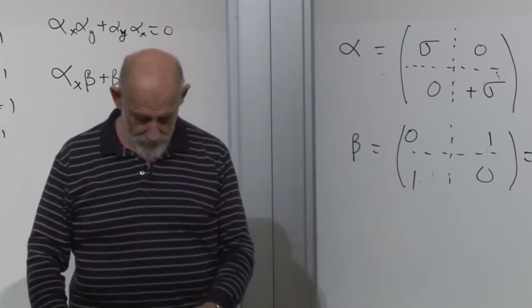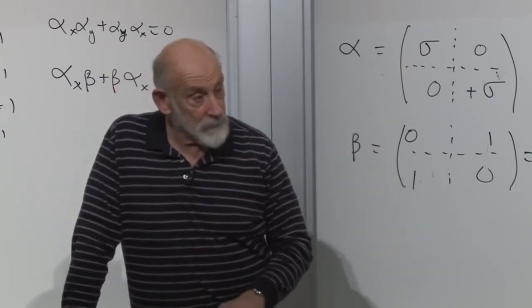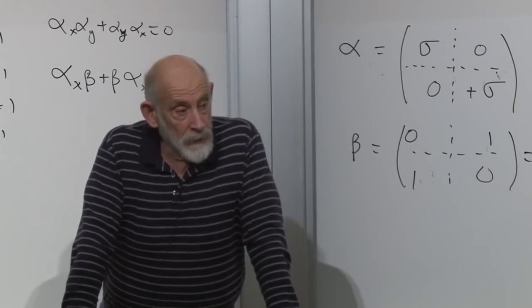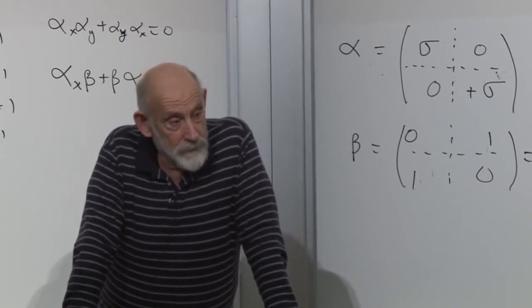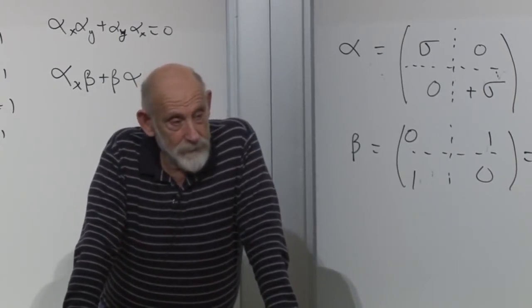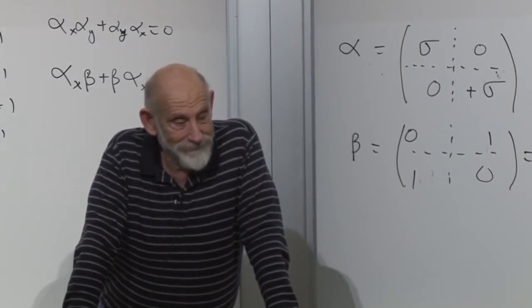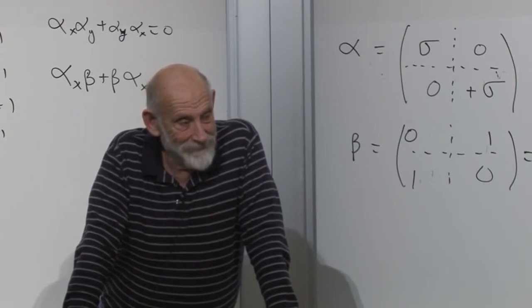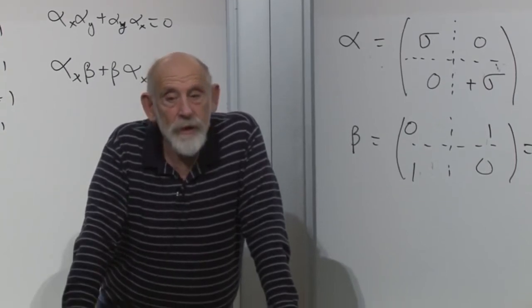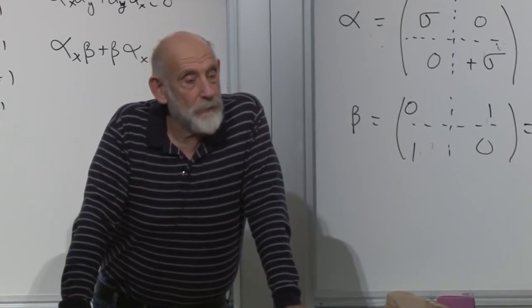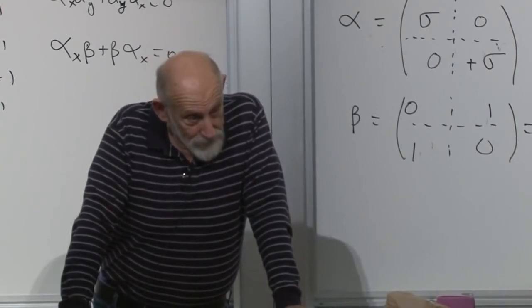All right, so the Zitterbewegung means a free electron in empty space will migrate back and forth with no external forces. Doesn't that violate something? No. Newton's law says the time derivative of the momentum is 0.